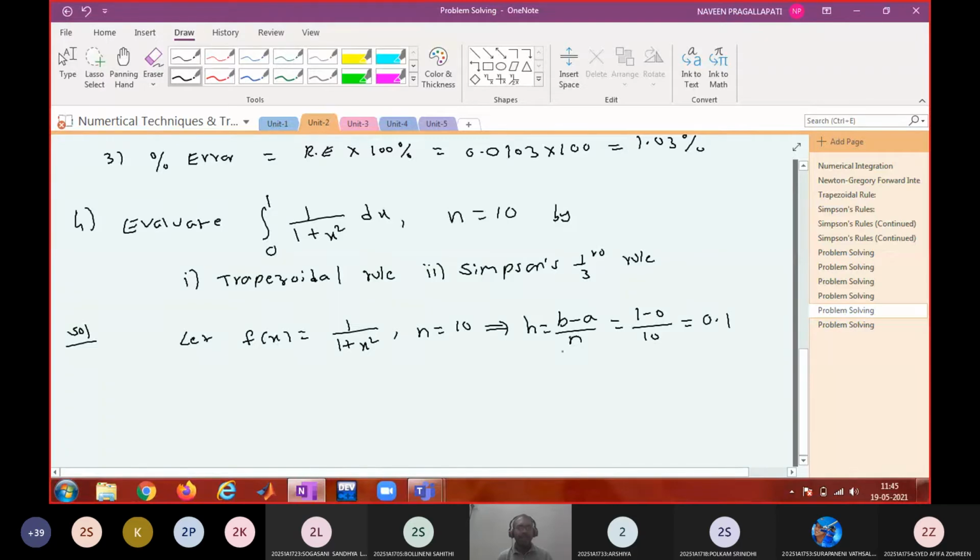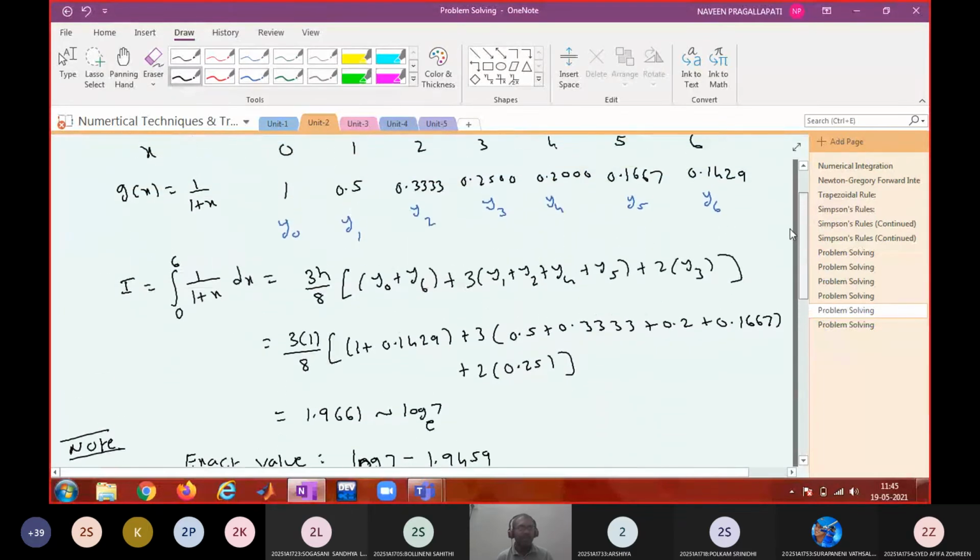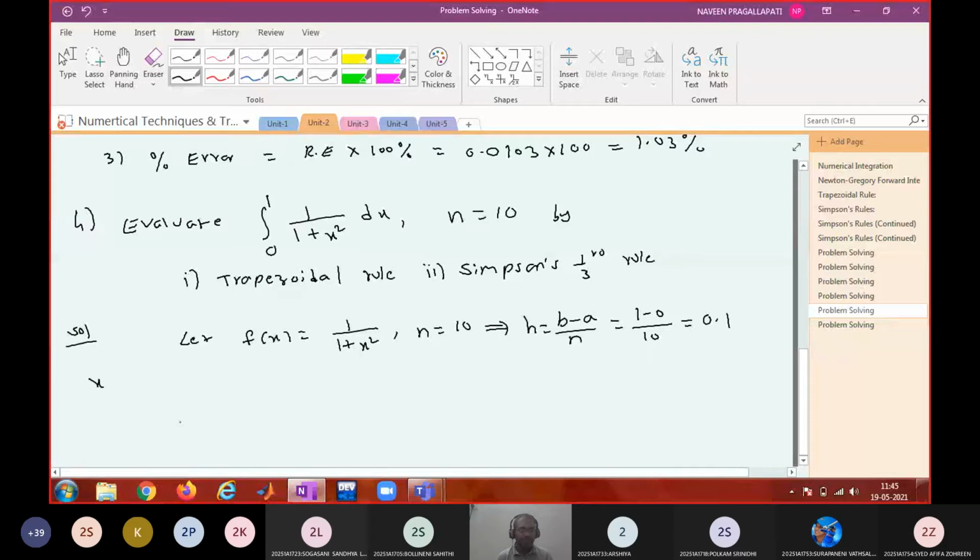Now you prepare a table for these values of x and f of x, as in the previous table. The x values are 0, 0.1, 0.2, 0.3, 0.4, 0.5, 0.6, 0.7, 0.8, 0.9, 1.0.